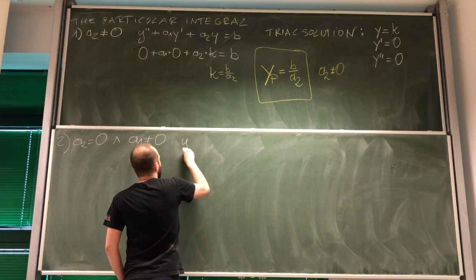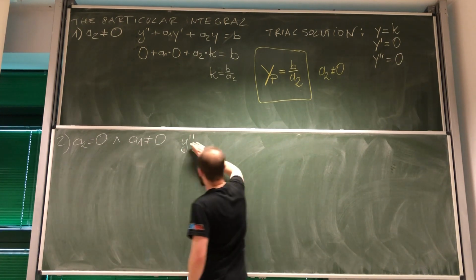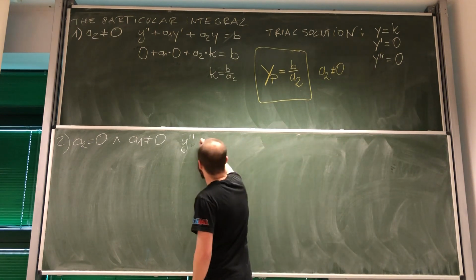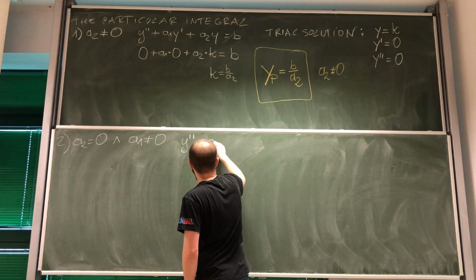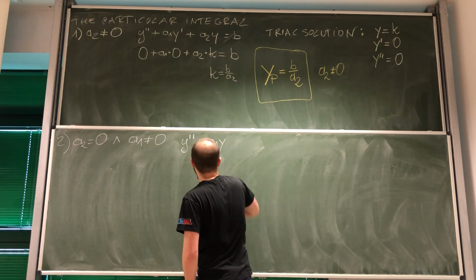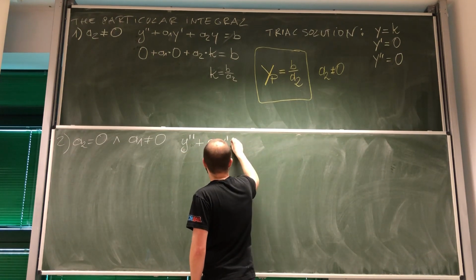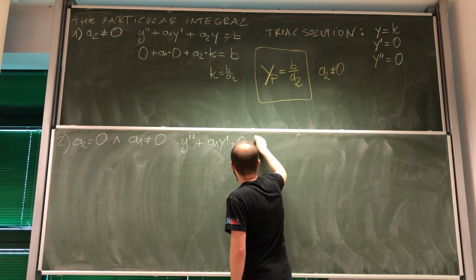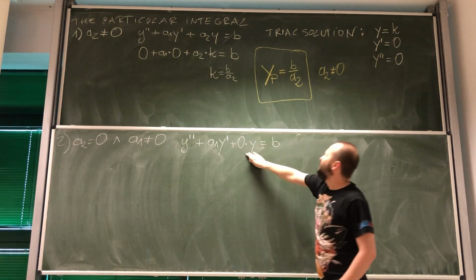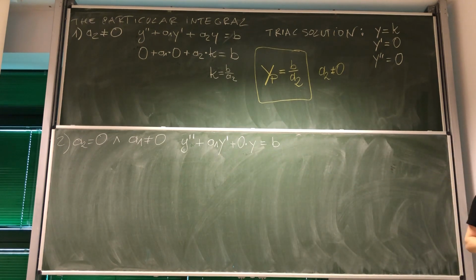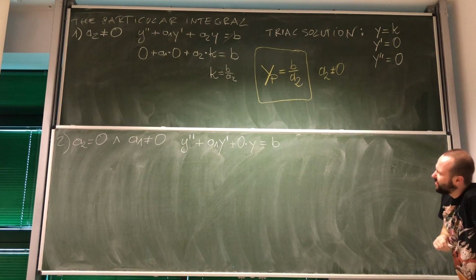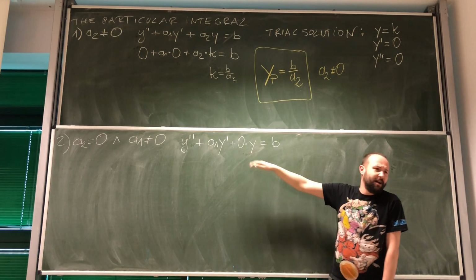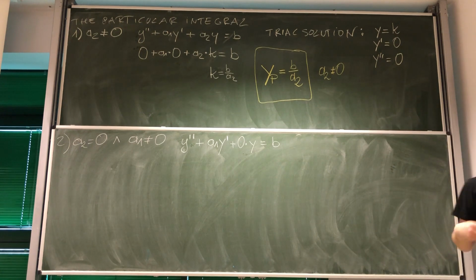Look, so we've got y double prime plus A1 y prime, and now we have plus 0 times y equals to B. So basically, this component is completely unnecessary for us, but let me just leave it for you like this, so we see what actually is going to happen.